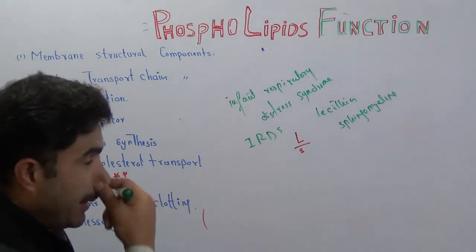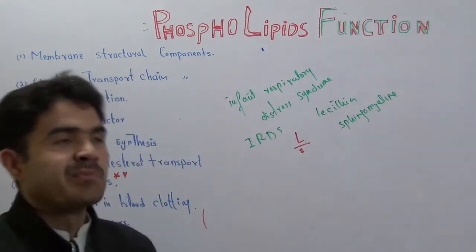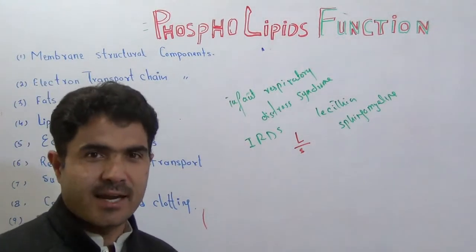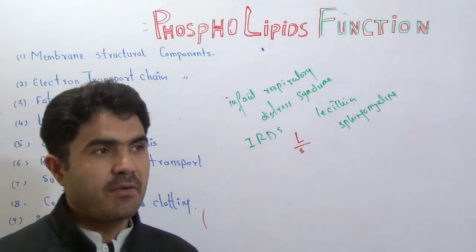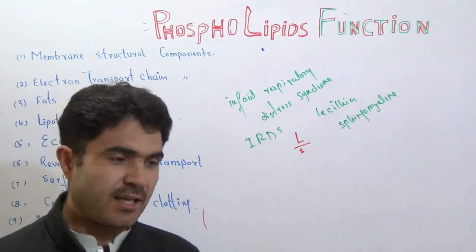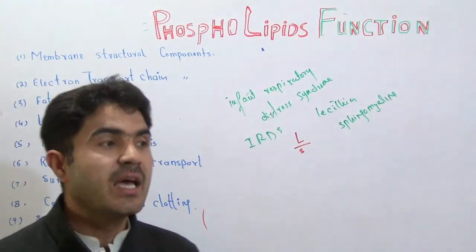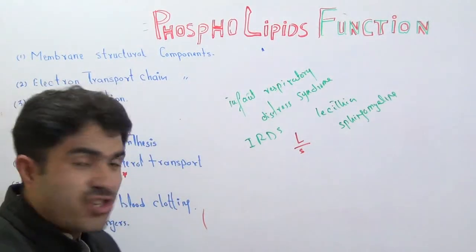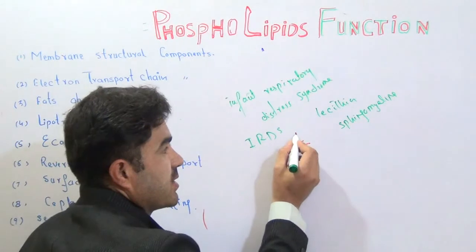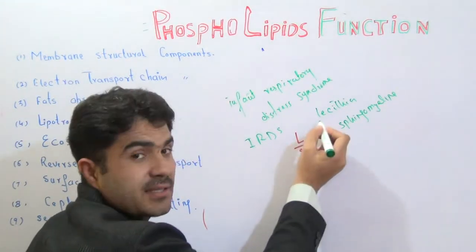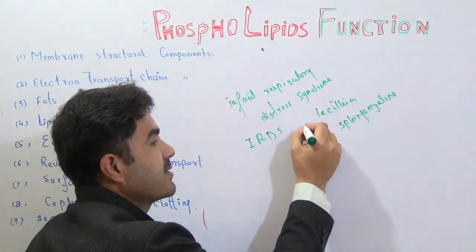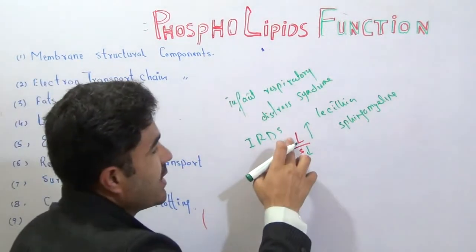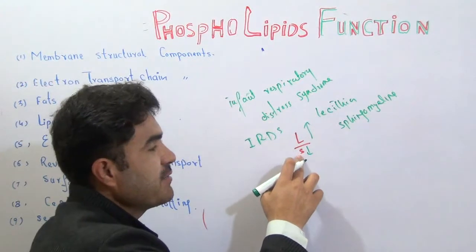So what happens when the child is at the 7th month inside the mother's womb? 7th, because the child has to stay there for 9 months. So at the 7th month or 28th week, the child starts synthesizing lecithin: increased lecithin and decreased sphingomyelin.